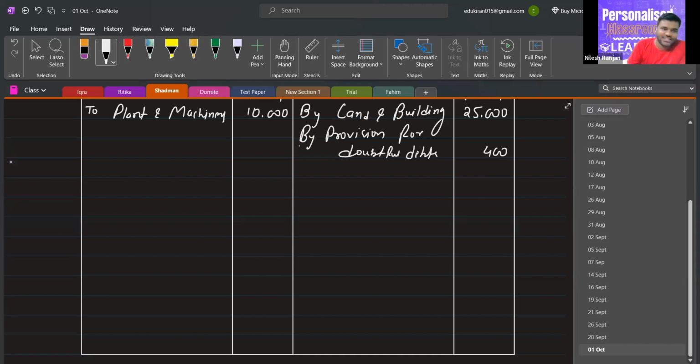Okay. Let's say you have 35,000 receivable, not from one person. There are many persons you have to receive this amount from. And you have doubt on some of them, and the total amount is 1,000, on which you doubt that you will receive it.